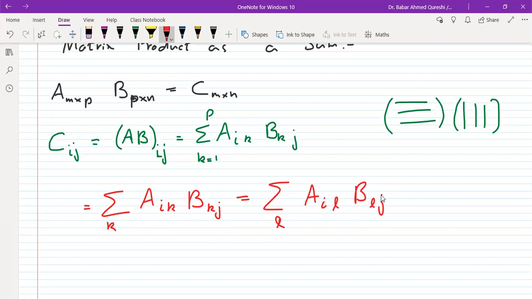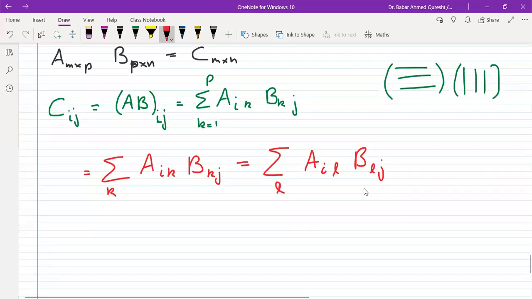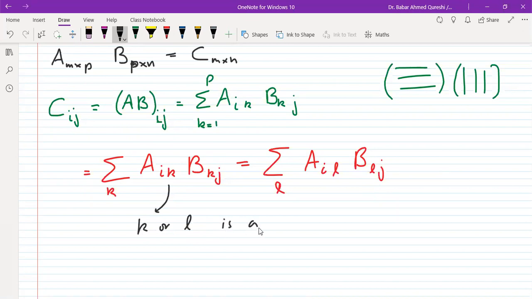You could give it a name L, M, anything you like. So these two things are same. So you say that this K or L is a summed index.